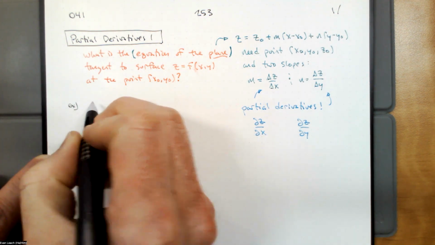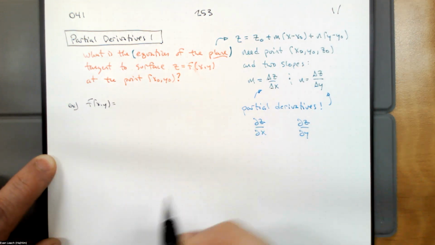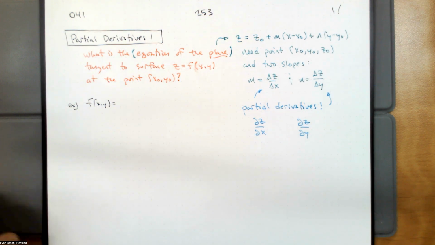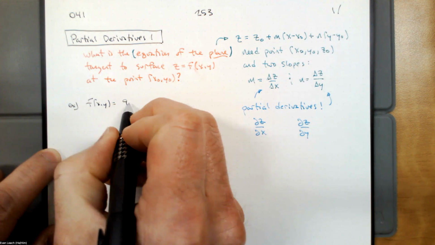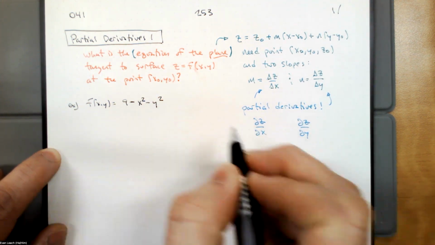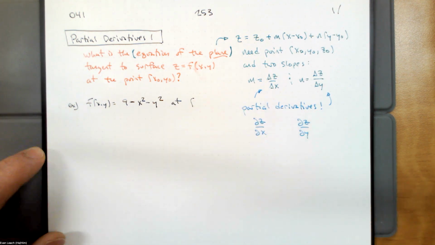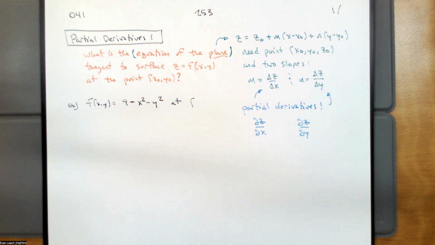Let's start off with something simple like f of x, y is, I'm going to go up higher. We go up to 9. If I go 9 minus x squared minus y squared, if I want to be a positive z, I have to pick x and y to be less than 3, and we'll be all right.